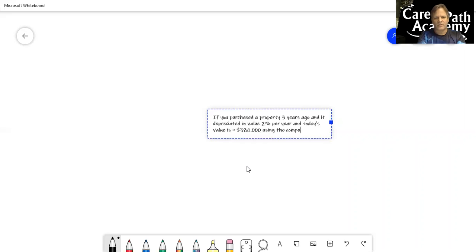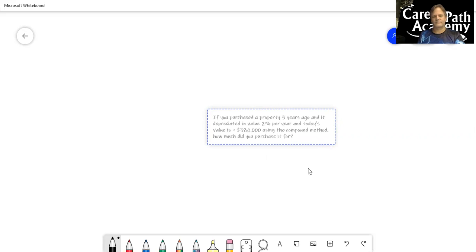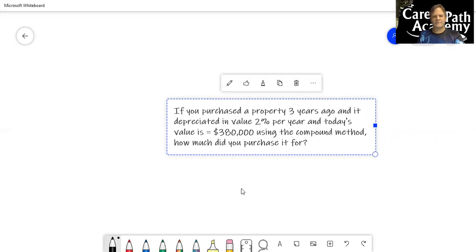Using the compound method, how much did you purchase it for? There's the problem.